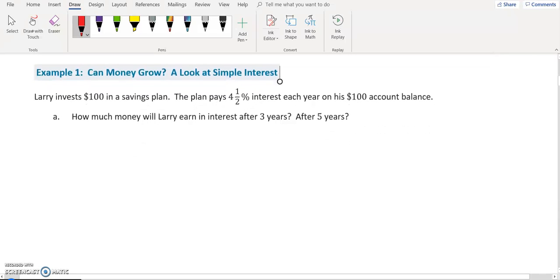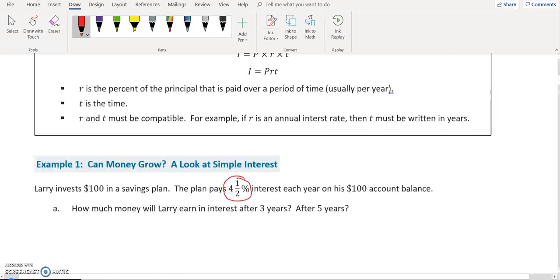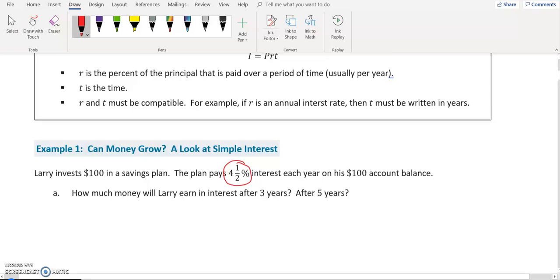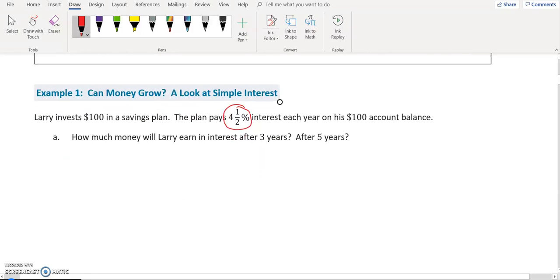Example 1, can money grow? A look at simple interest. Larry invests $100 in a savings plan. The plan pays 4.5%. We said that's going to be our rate. Remember, a percent is always over 100, and that's 4.5.